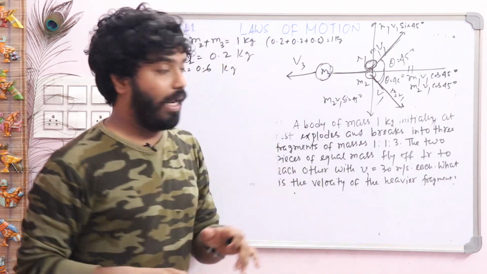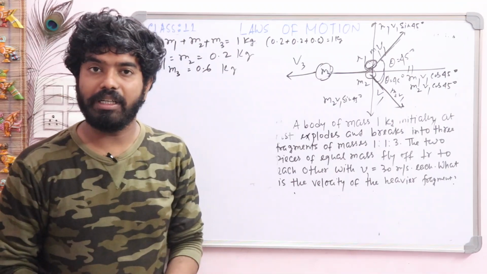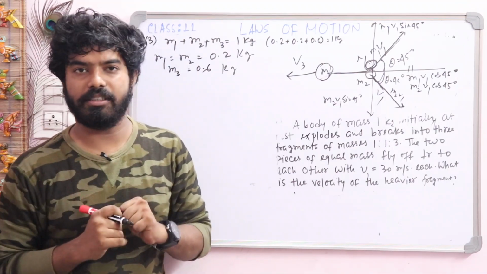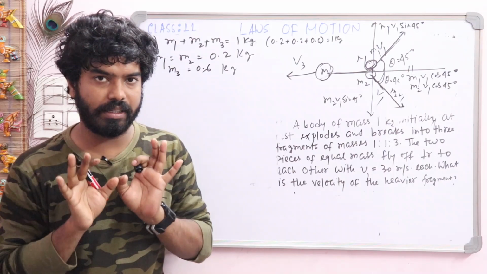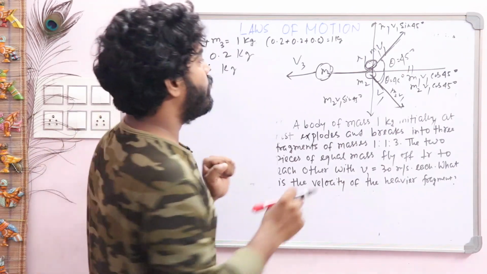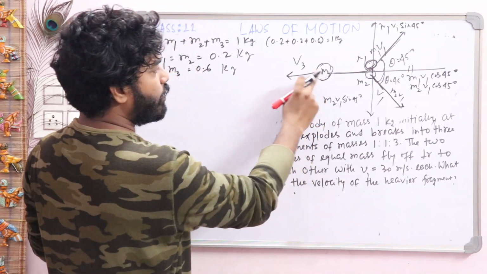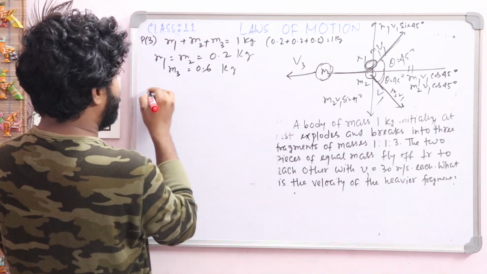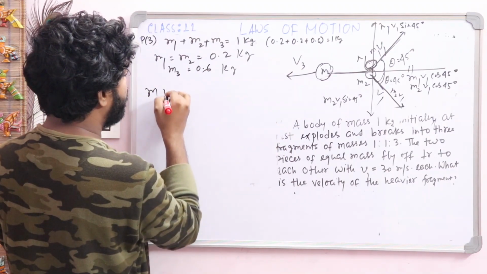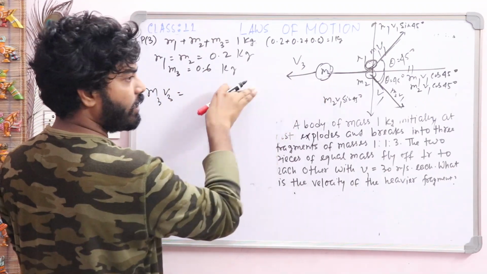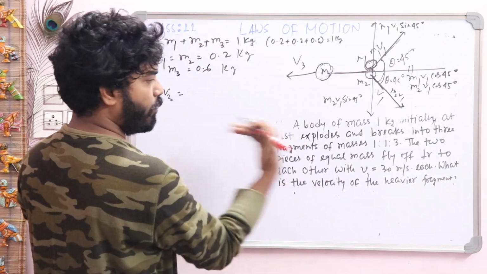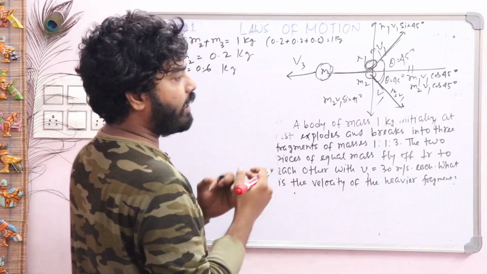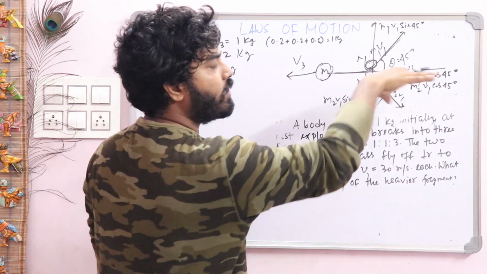Now you apply the conservation law of linear momentum in the horizontal direction. You just consider the horizontal direction. So mass m3 moving with velocity v3, in the horizontal direction the momentum will be m3 v3.